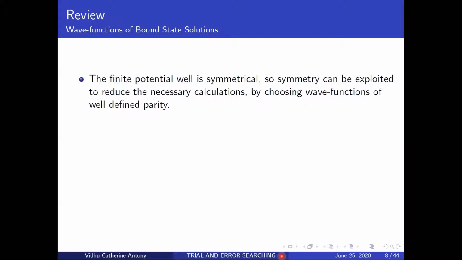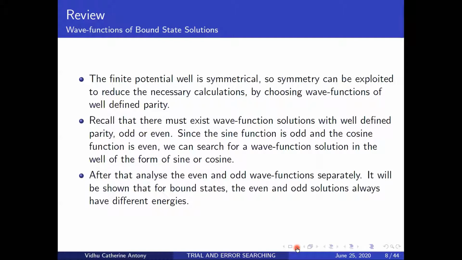Your cosine wave functions are even functions, and your sine functions are odd functions. So based on that, you can choose a wave function of either even or odd parity. You analyze the even and odd wave functions separately, and then you get the bound states for those even and odd wave functions.